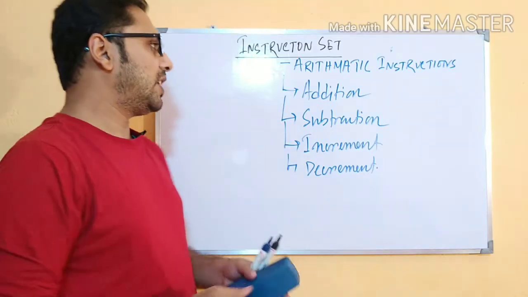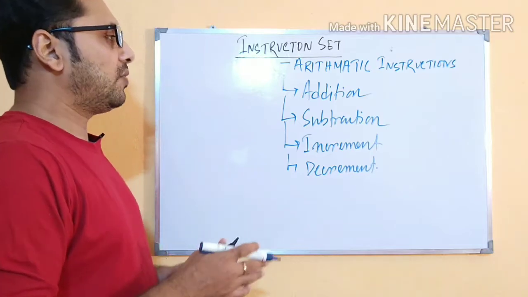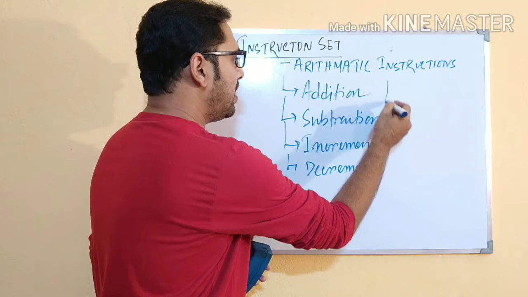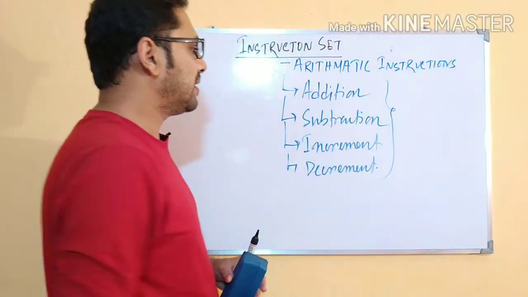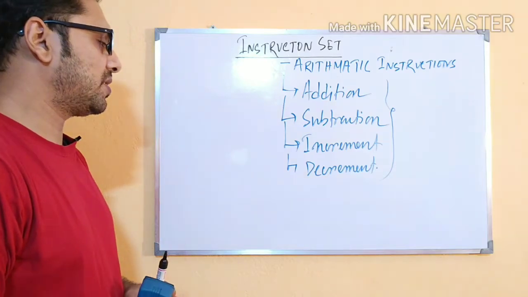So in case of 8085 microprocessor, arithmetic instructions means here we have all those instructions that can perform mainly these 4 type of operations, that is addition, subtraction, increment and decrement operation.